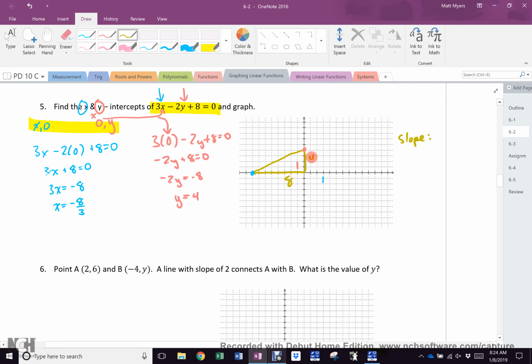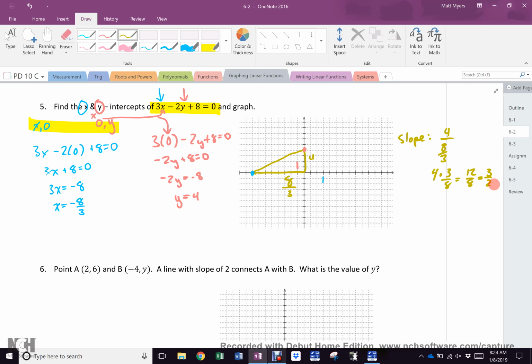Our rise is 4, but what's our run? It's 8 thirds, right? So rise over run is 4 divided by 8 thirds, which is 4 times 3/8, which is 12/8, which is 3/2. Is everybody cool?